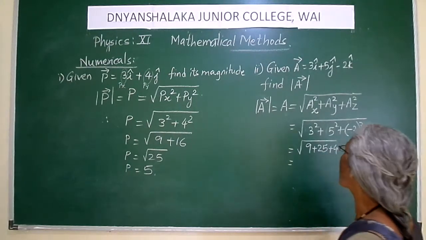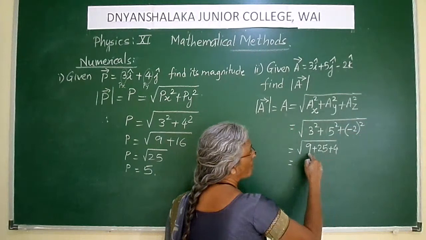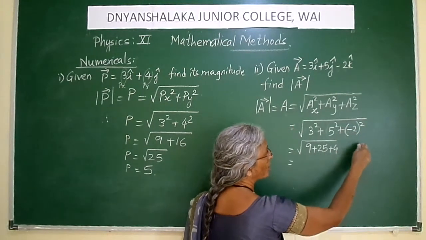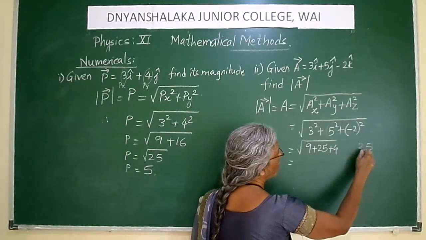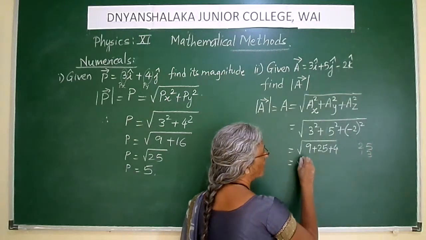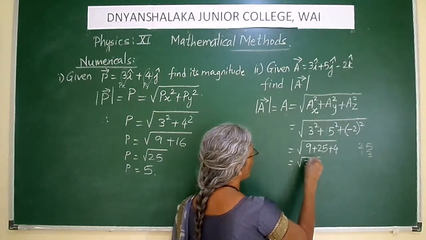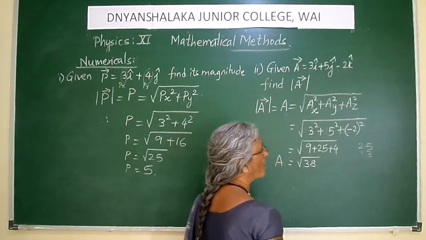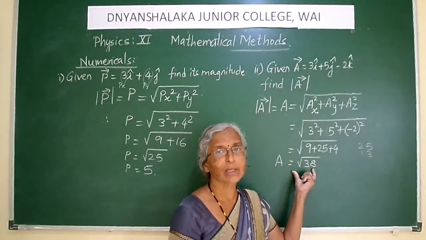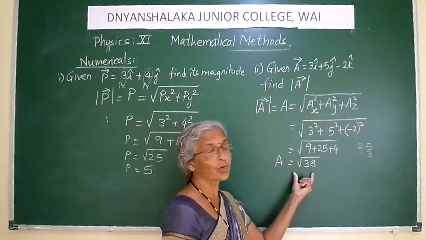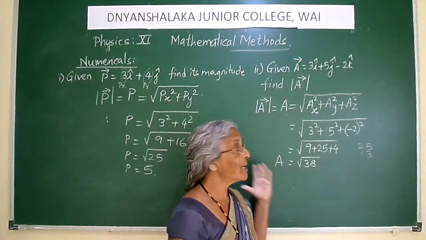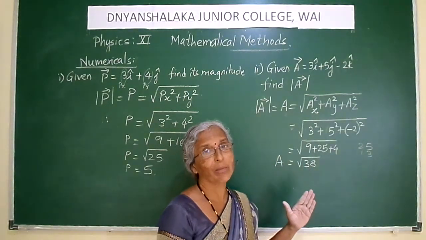So 9 plus 4 will be 13, correct? And 25 plus 13 will be under root 38. So what is the magnitude of vector A? Under root 38. Are you getting it, students? Keep this in mind. This is very, very important.